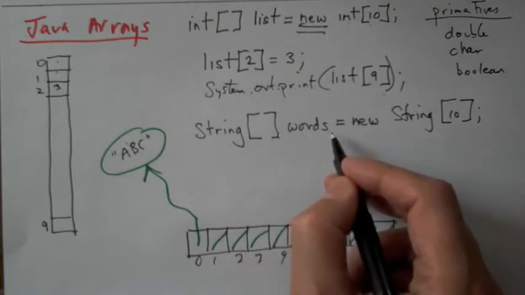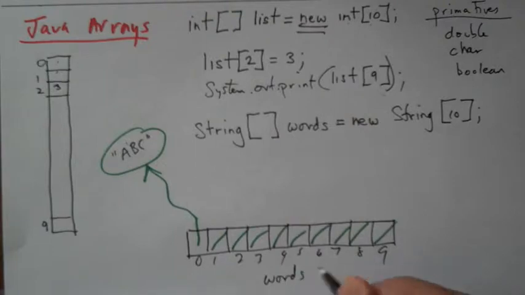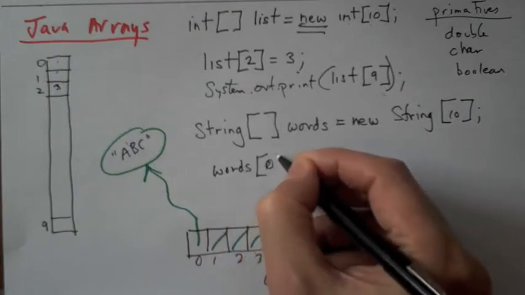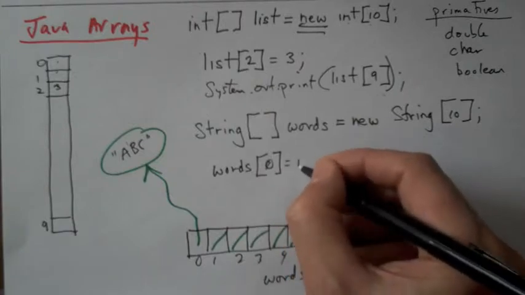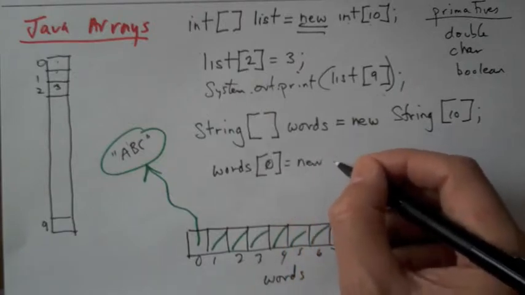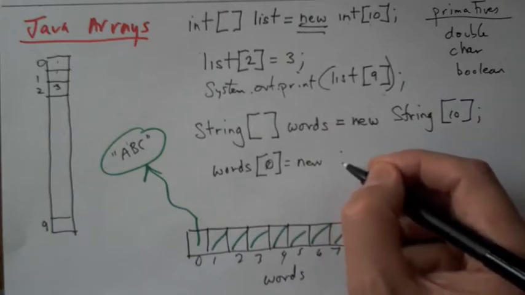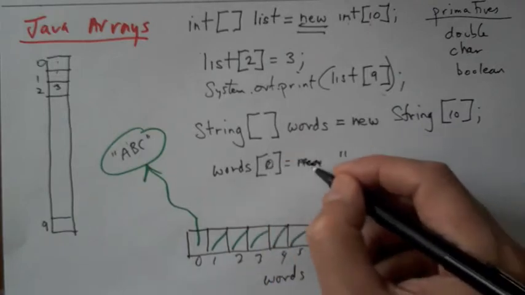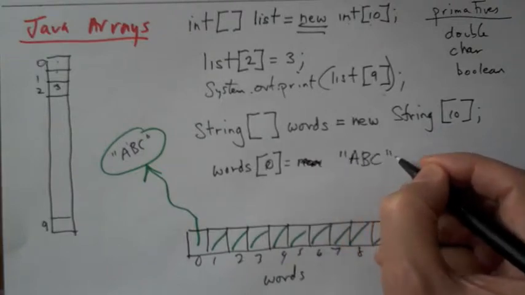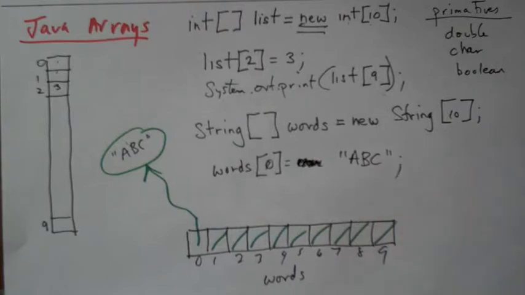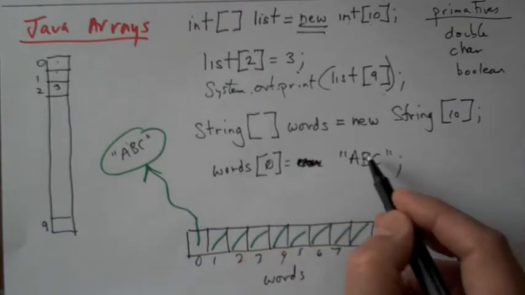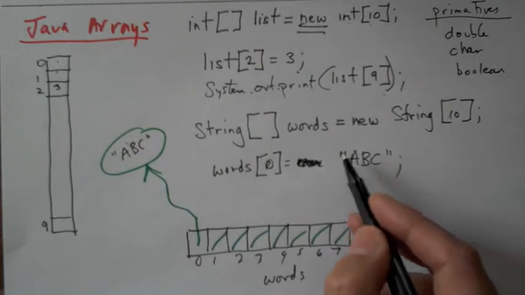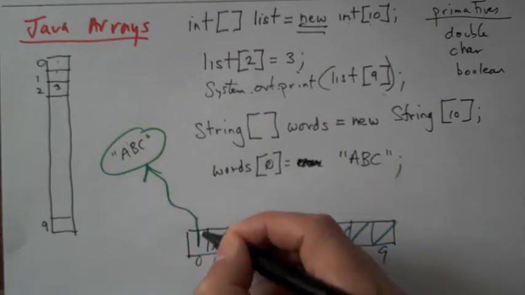The name of this array is words, so we would do words sub 0 equals new, actually we could probably just do, don't need to do new here, we could just give it the string A, B, C, okay, equals A, B, C. So that's a shortcut to using new, and sticks the string object ABC off of this memory location.